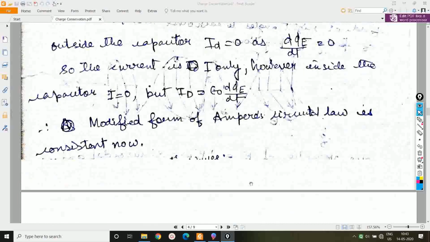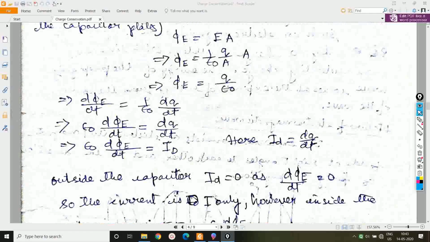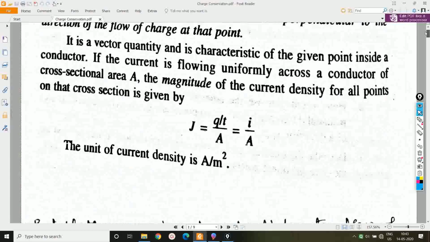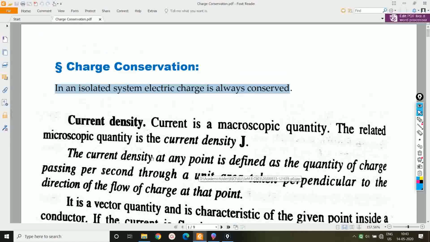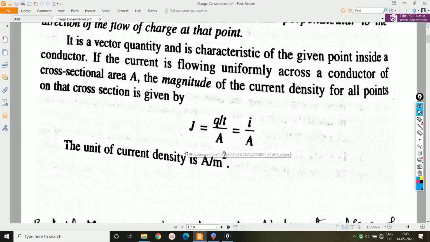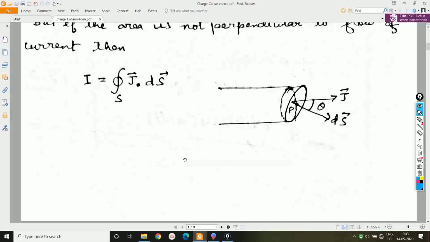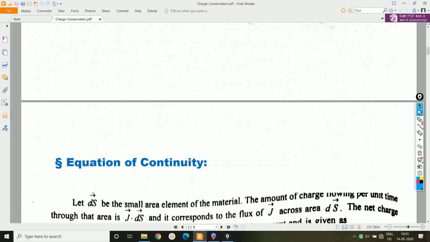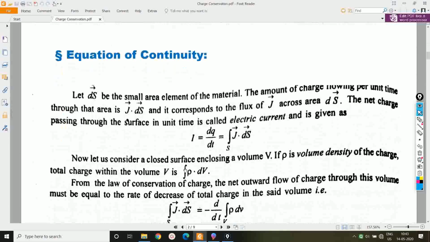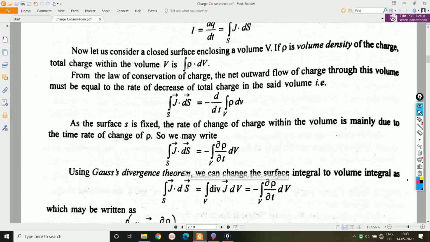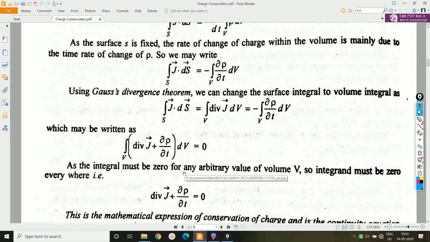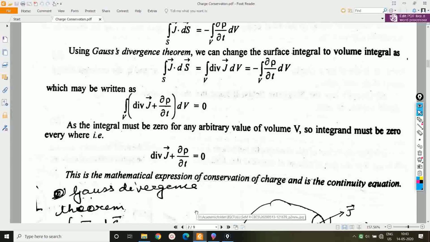So this is what we wanted to tell you in this particular lecture. Let me remind you what we learned. We learned charge conservation. We learned the definition of current density. We also learned the equation of continuity and what its physical significance is, that is, it represents the mathematical expression of conservation of charge.